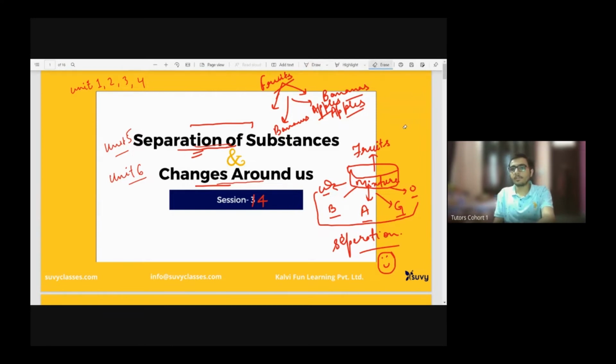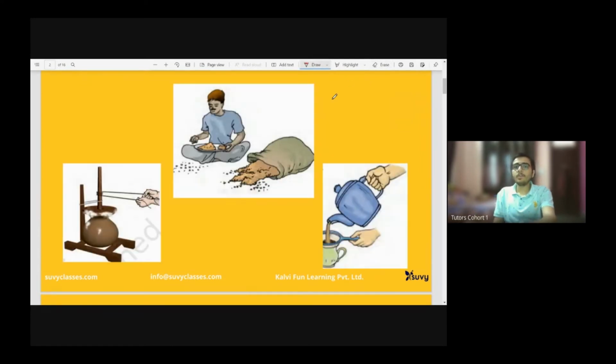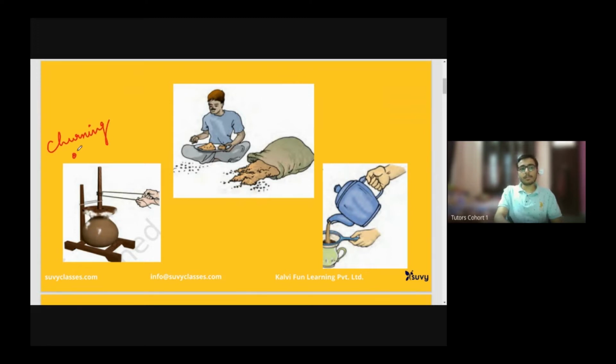Here are 3 images in front of us. The first one is the churning of milk. Why do we churn milk? To separate out butter.